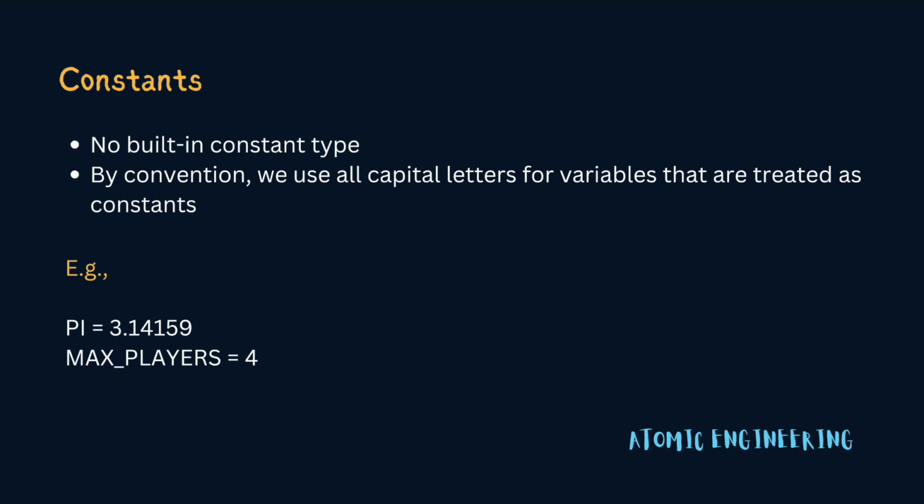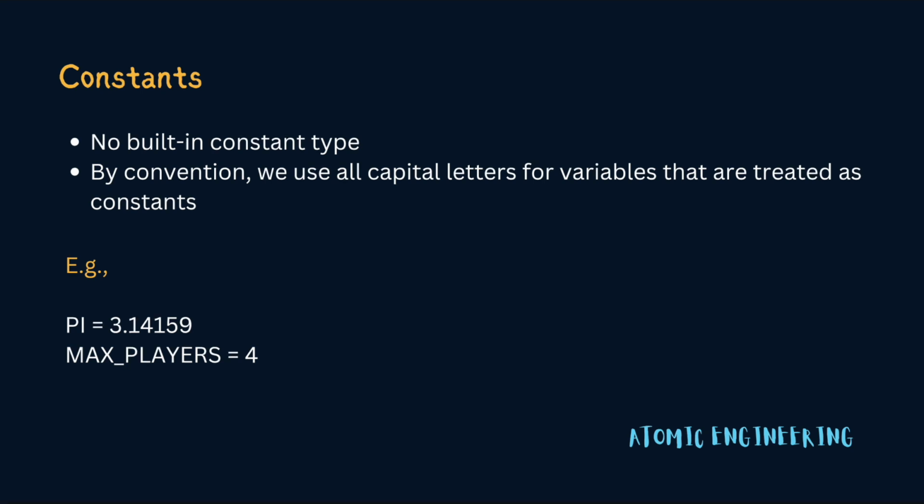Any variable that you create with complete capital letters will be treated as a constant, though you can still update the value of this constant. It provides a signal to other programmers that these values are constants and should not be modified anywhere in the program.